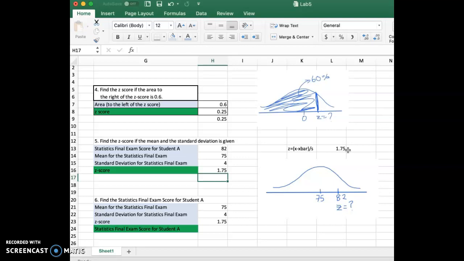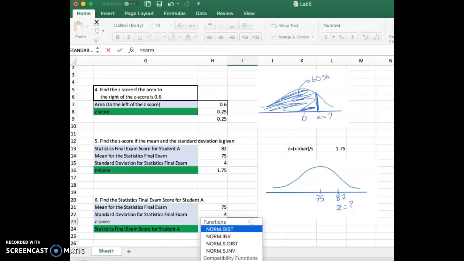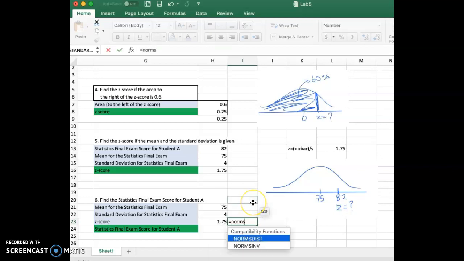In order to find the student's final exam score, first thing we need to do is find the area to the left of the 1.75, which can be found using equal NORM.S.DIST of this z-score.